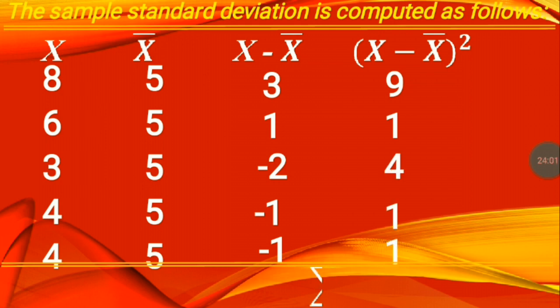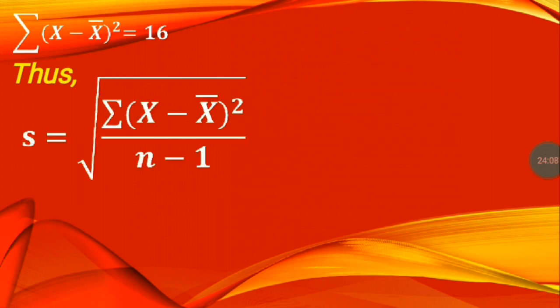Okay, the same procedure, and then proceed to the formula. Since we're talking about the sample standard deviation, we will use the small letter s, and you have that formula. And our n is in lowercase because we presume that we are dealing with sample data coming from the sample.